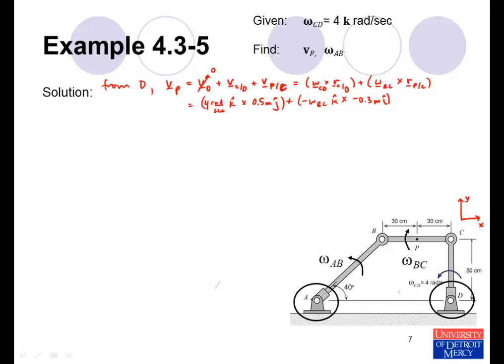And we can actually perform the cross products. So we have 4 radians per second times 0.5 meters. So that's 2 meters per second. In order to do the k cross the j, I often draw this little figure. And so k cross j is in the direction opposite the drawn arrow. So that corresponds to a negative i.